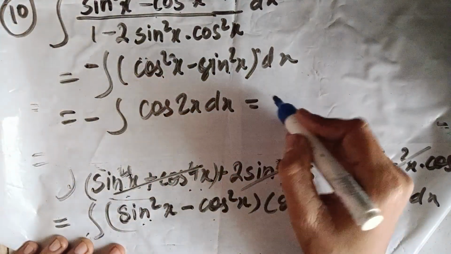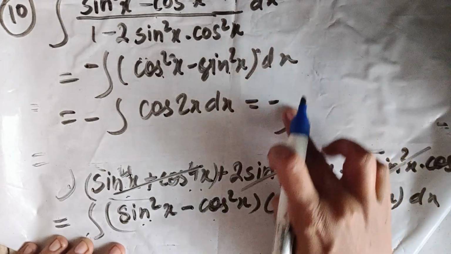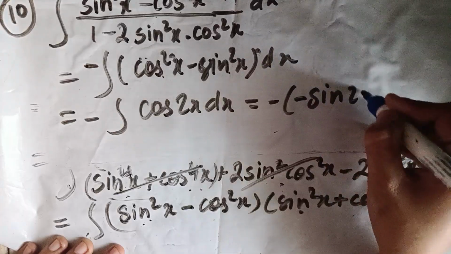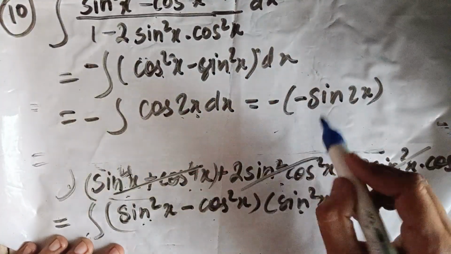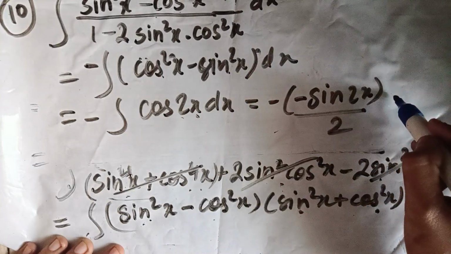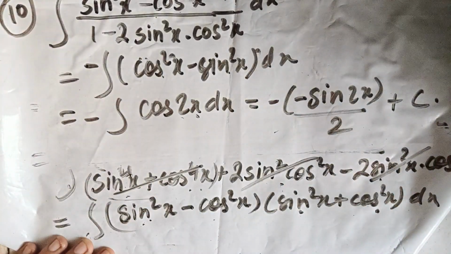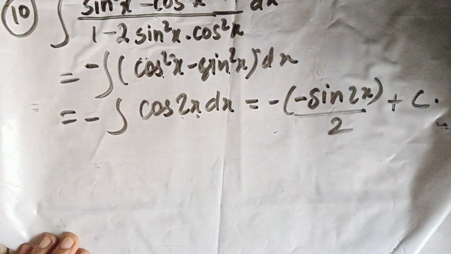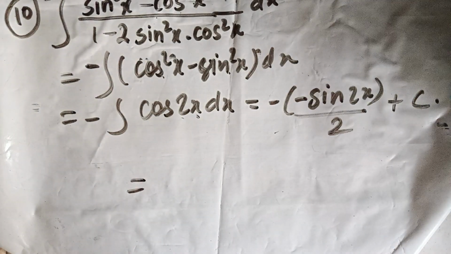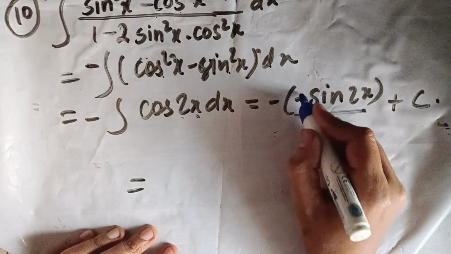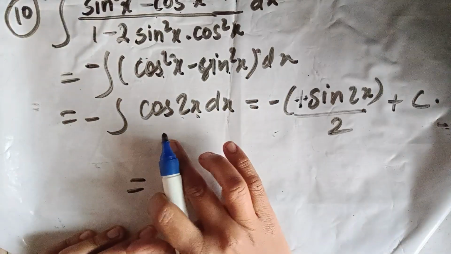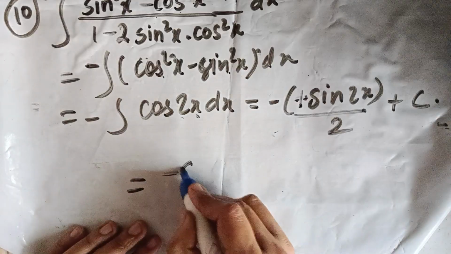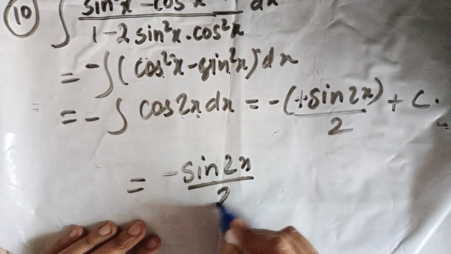So integration of cos 2x is sin 2x upon 2, and derivative of 2x is 2. Okay. Integral of cos is sine and integral of sine is minus cos. So this is minus sin 2x upon 2. Let's see.